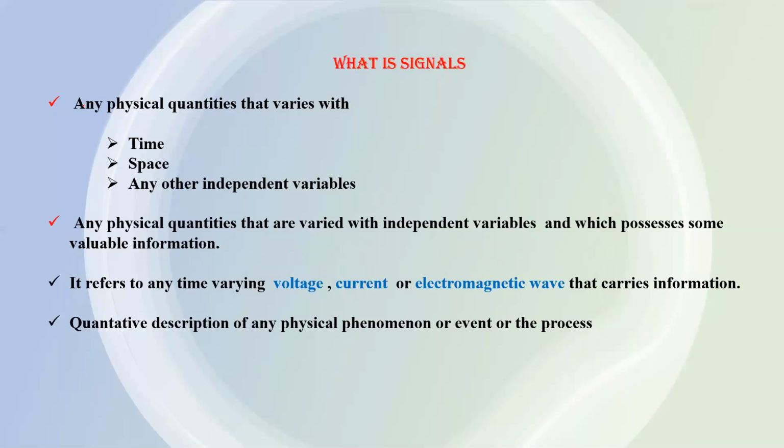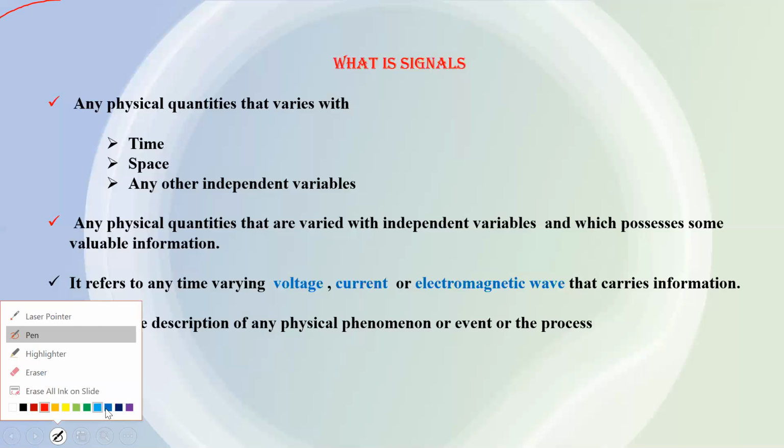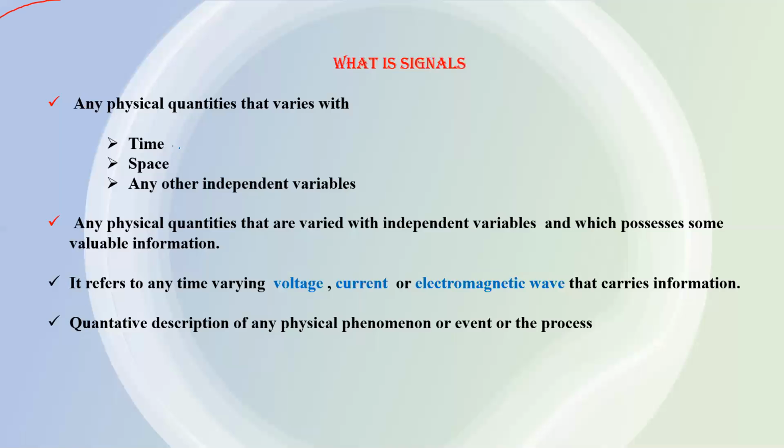Any physical quantity can be a signal if that physical quantity varies with time, space, or any other independent variable.